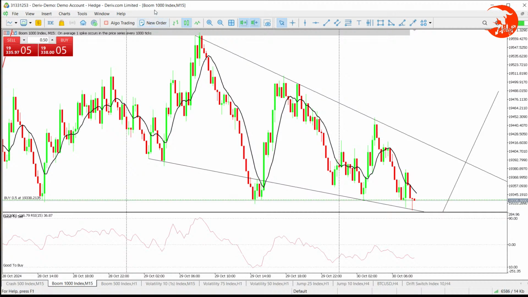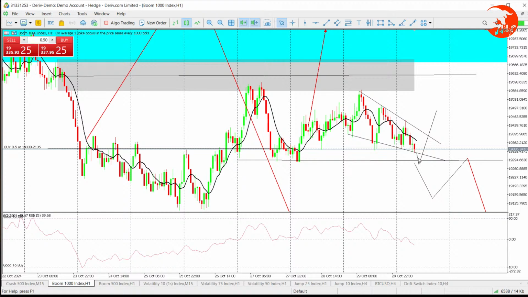But those who remember, I told you sometimes it can give you that manipulation before it continues to buy. So if it has reached a level to give us a manipulation, you will incur some big floating losses till this level here.